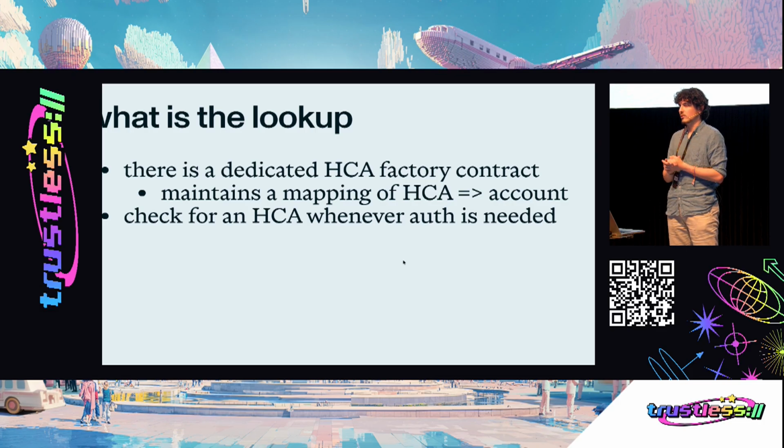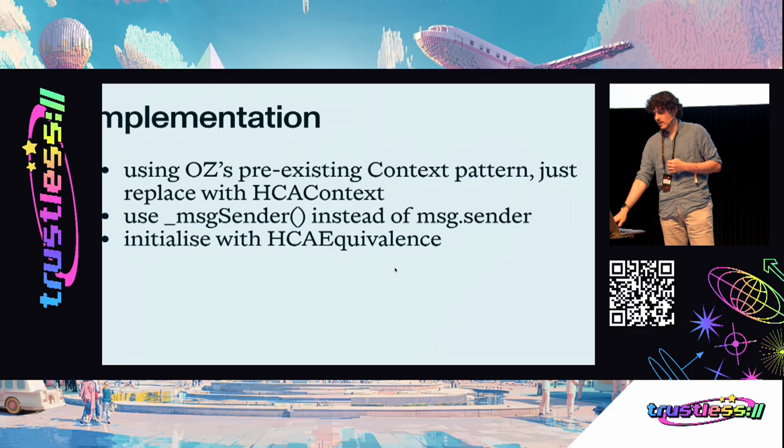For example, if you are checking for ownership authorization, then you can use your HCA and the ownership authorization checking message sender will then use this lookup using the HCA address and resolve it to the main account, where it will then be authorized to do exactly the same thing that the main account would be able to do without any extra steps beyond that, and is very simple to implement.